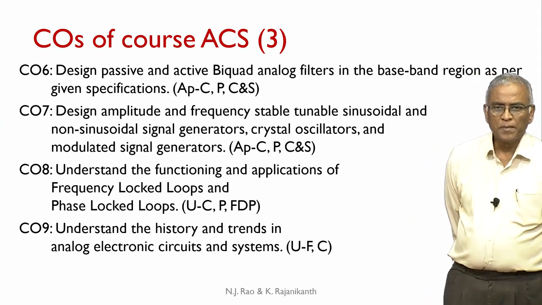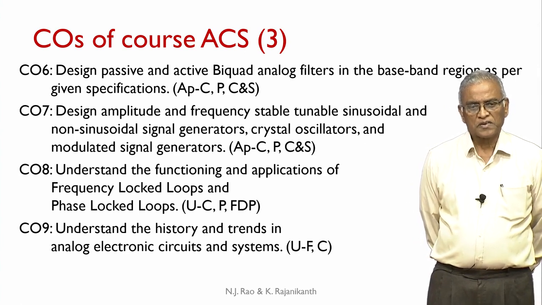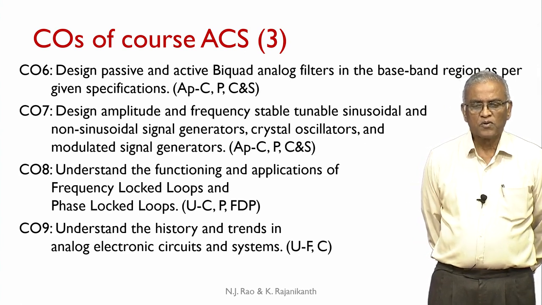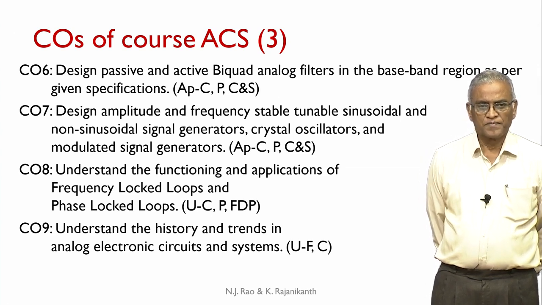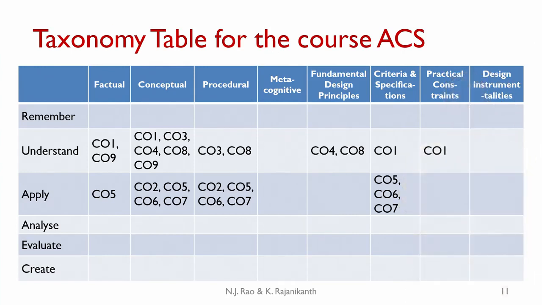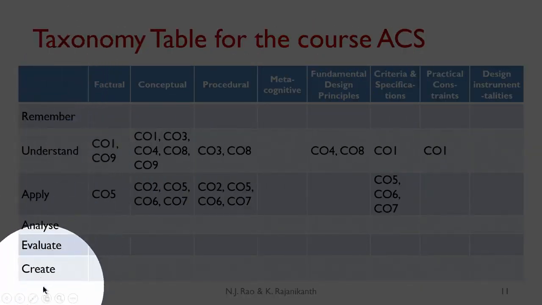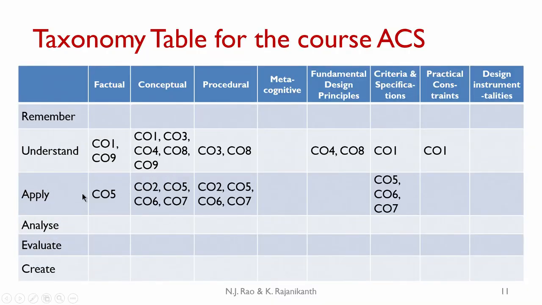So we want to keep them in the taxonomy table. We are calling it the revised Bloom-Vincenti taxonomy table. Now, as you can see, these are the cognitive levels, and all these 8 knowledge categories are shown here, and some of the COs will appear in more than one knowledge category.